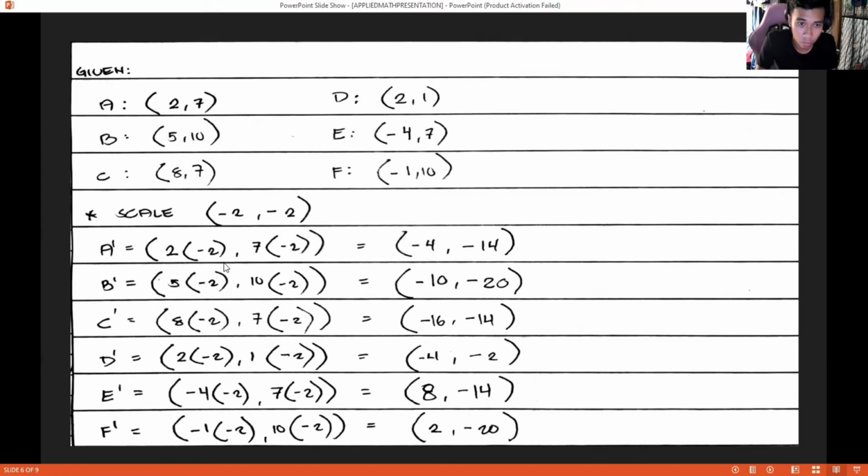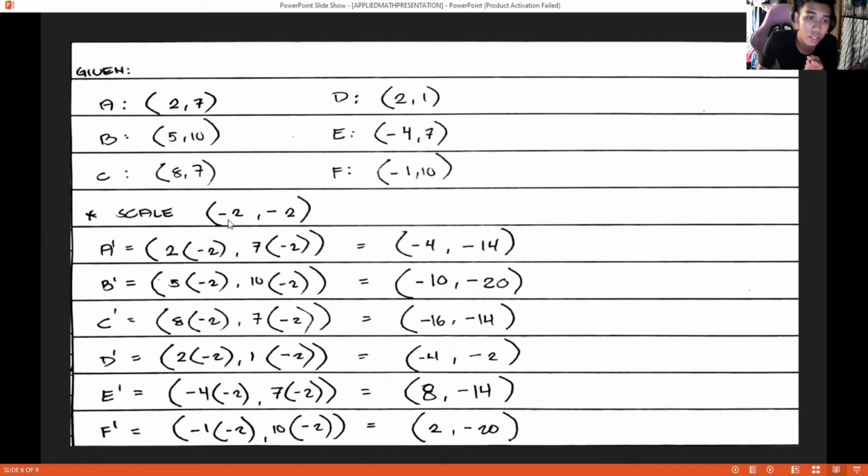First, we need to combine the like terms, which means we combine x with x and y with y so that we can come up with an answer for our scaling. Since our x in A is 2, then our y is 7.